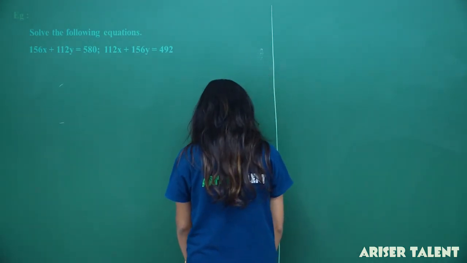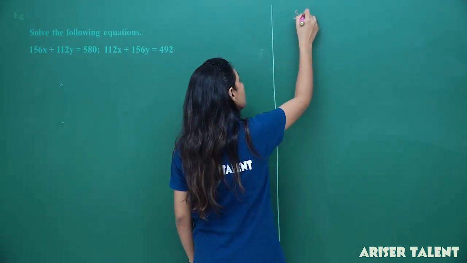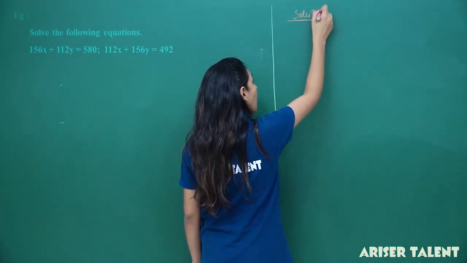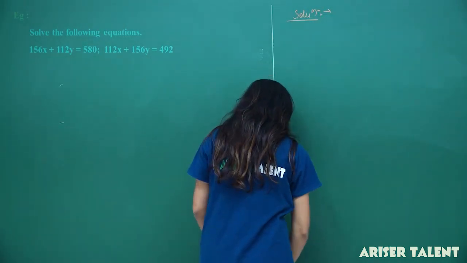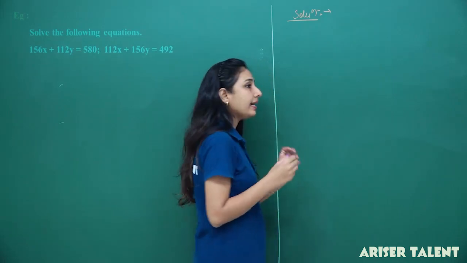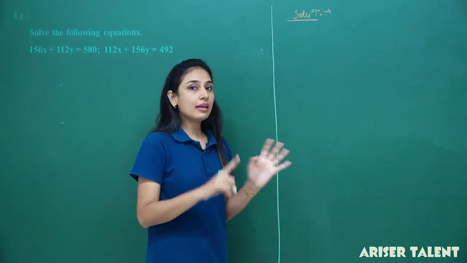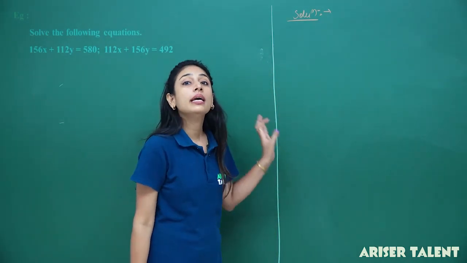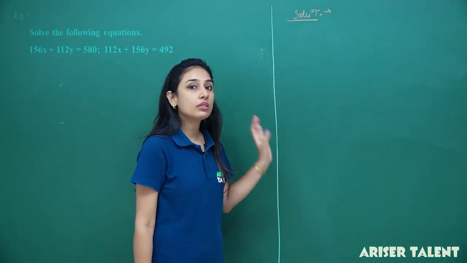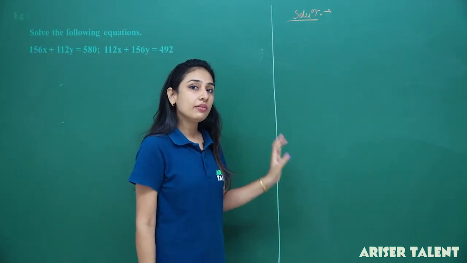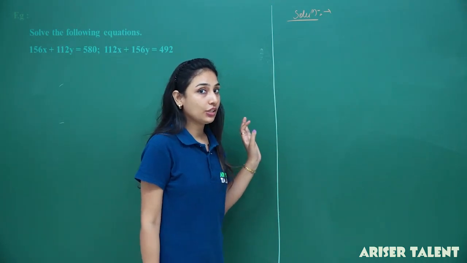Okay, so we will move to the solution part, students. Now, understand this. What we have to write? We have to write first the equations in the standard format, that was ax plus by equals c and bx plus ay equals d, right?